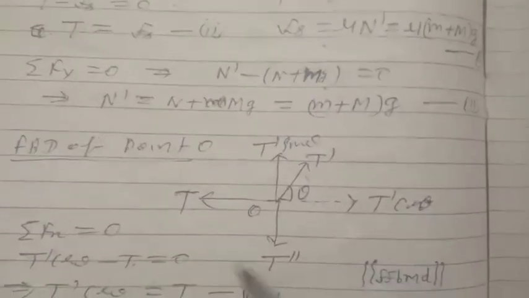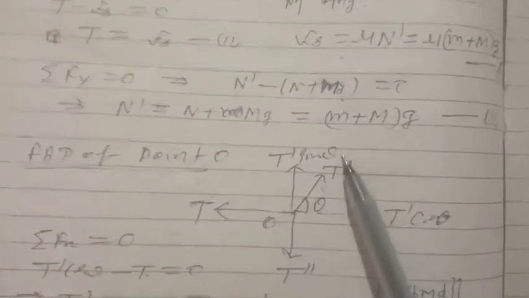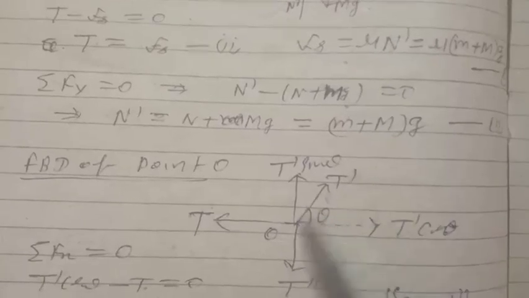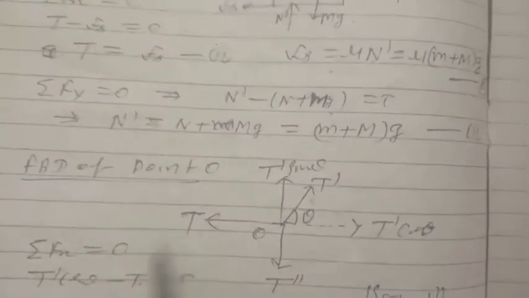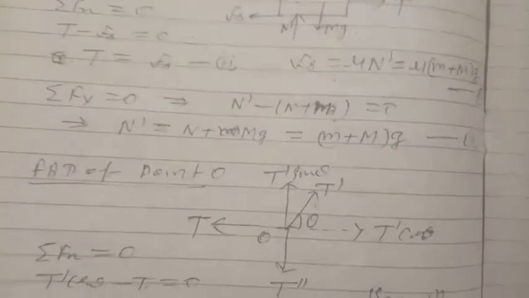Now FBD of point O. We will draw the point, then T dash will be a tension in the string acting in this direction, and in this direction this will be T. Let's consider this point here. A tension will be in this direction, which is called T dash, because this is another string, and another tension in this direction, and another tension in this direction.